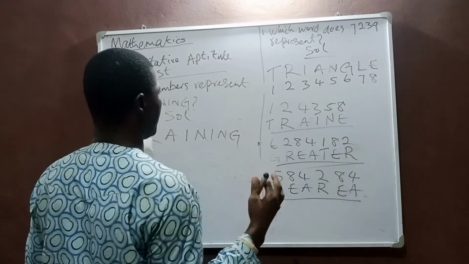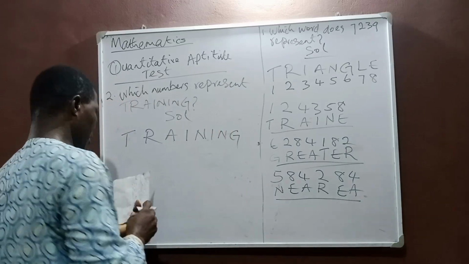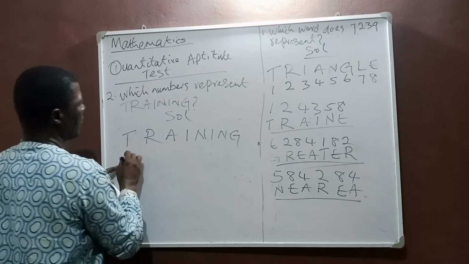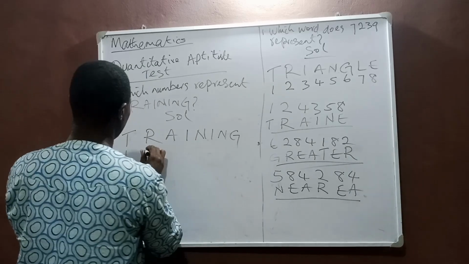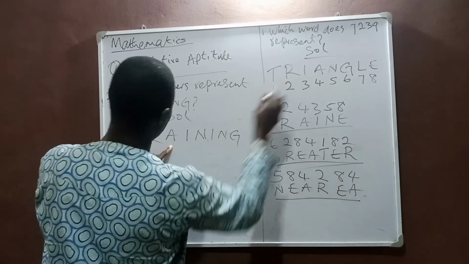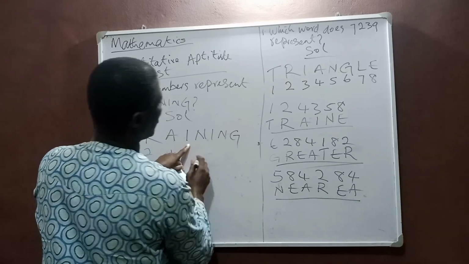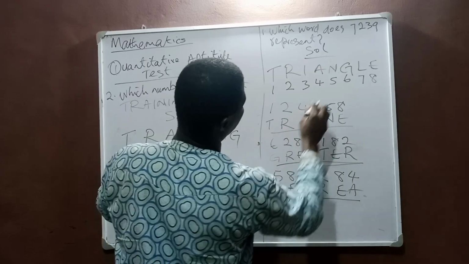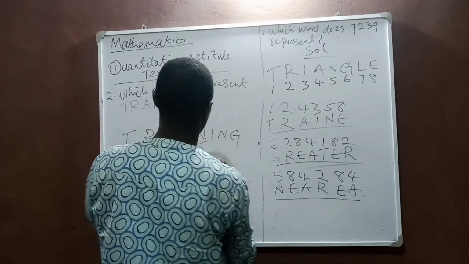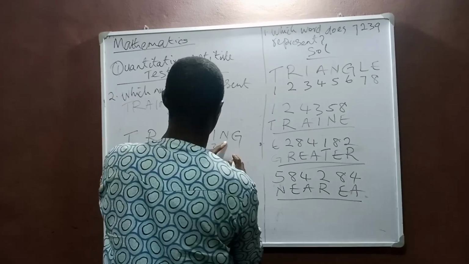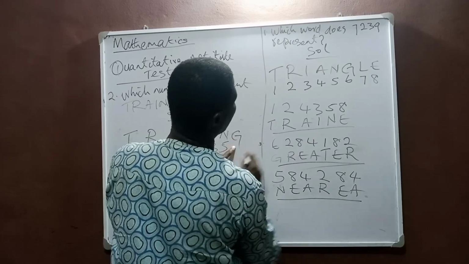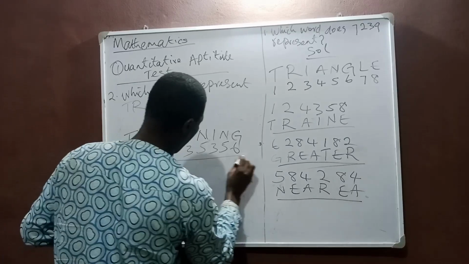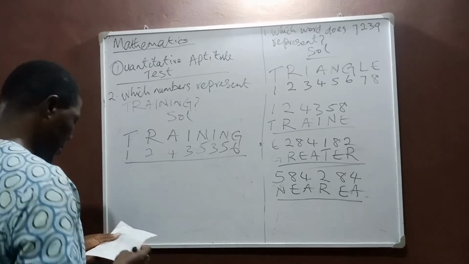T stands for 1, R stands for 2, A stands for 4, I stands for 3, N stands for 5, I stands for 3 again, N stands for 5 again, G stands for 6. So these are the numbers that represent TRAINING.